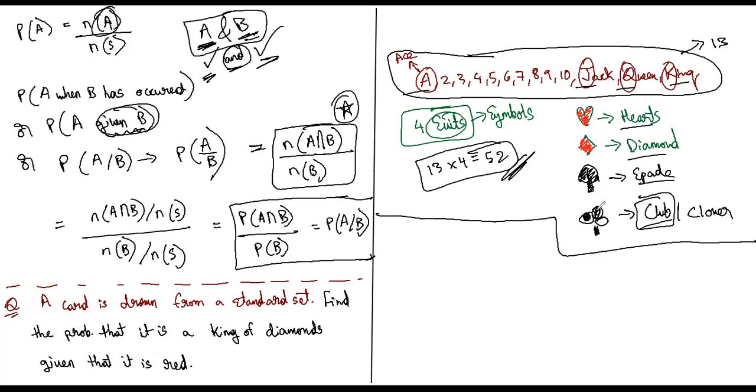Generally it is red and black. So a card is drawn from a standard set. Find the probability that it is a king of diamonds given that it is red.